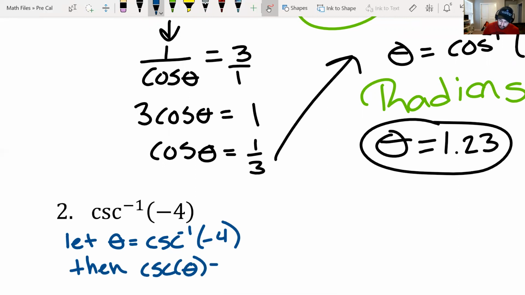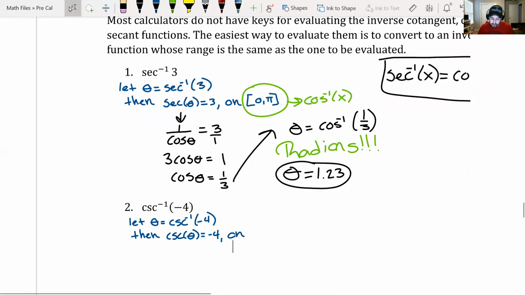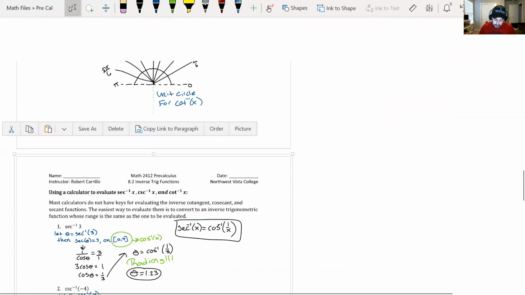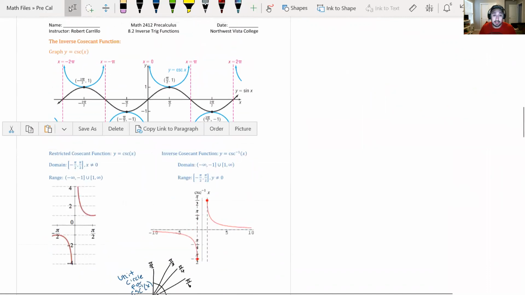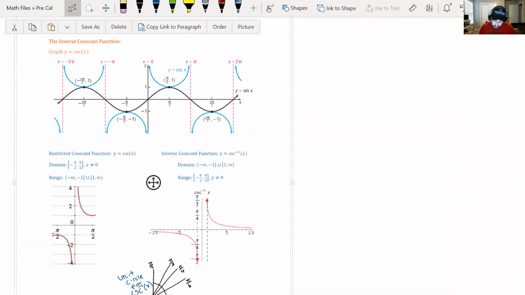Cosecant theta equals -4. But this can only happen on our new restrictions of cosecant. We found those already. What are the inverse restrictions for cosecant? Cosecant lives from -π/2 to π/2, where we can't equal 0.